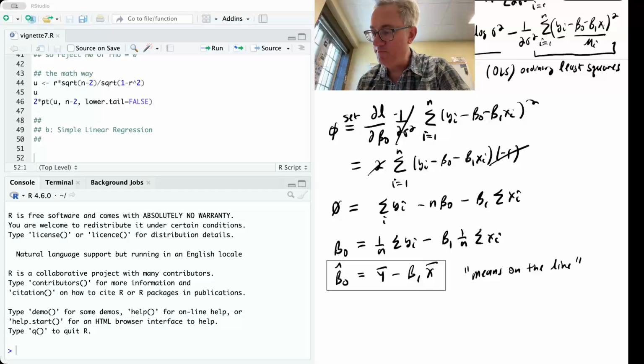And this is what builds the intercept so that the average y and x value is a point on the line. Remember, you can specify a line with a point and a slope. And here I'm specifying the intercept with a point, and I'm going to show you where the slope comes from in just a moment.